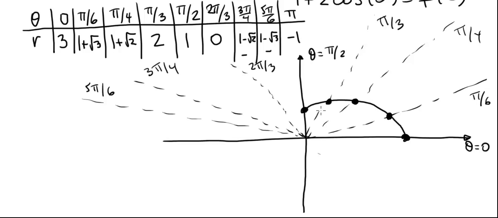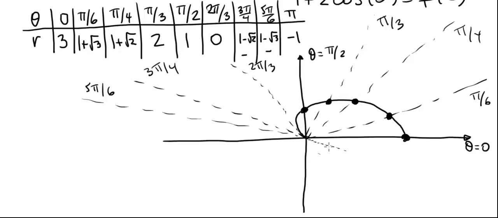Now between theta equals pi over 2 and 2 pi over 3, we have a value at pi over 2 of r equals 1, and at 2 pi over 3 it is 0. So the graph spirals down between these two angles to the origin like this. Now at 3 pi over 4, the value is 1 minus square root of 2, which is negative, and that means the point is not in the direction of angle 3 pi over 4, but in the opposite direction across the pole.